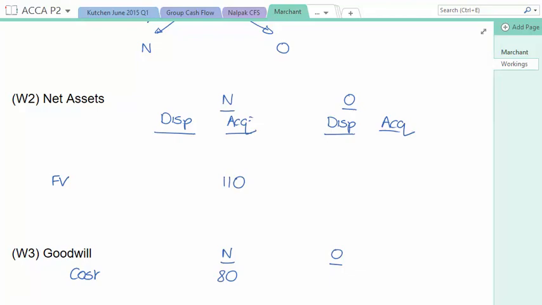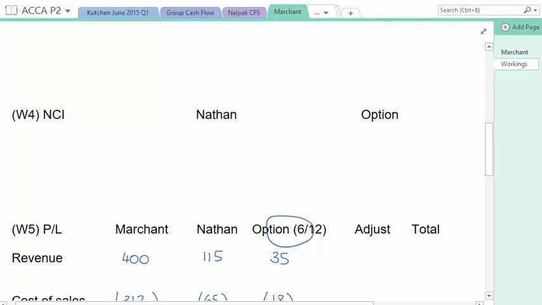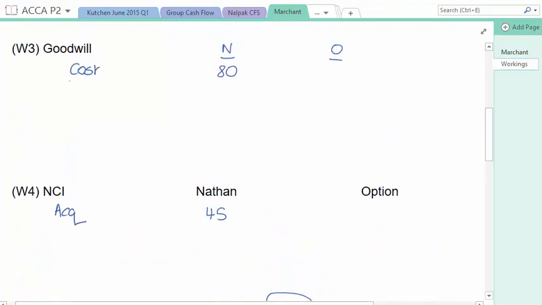It also says the fair value of the NCI was 45 million. So I'm going to go to the net NCI working and say at acquisition it's 45 million, like so. Marchant wants to use the full goodwill method, so we can put this into our goodwill calculation as well.